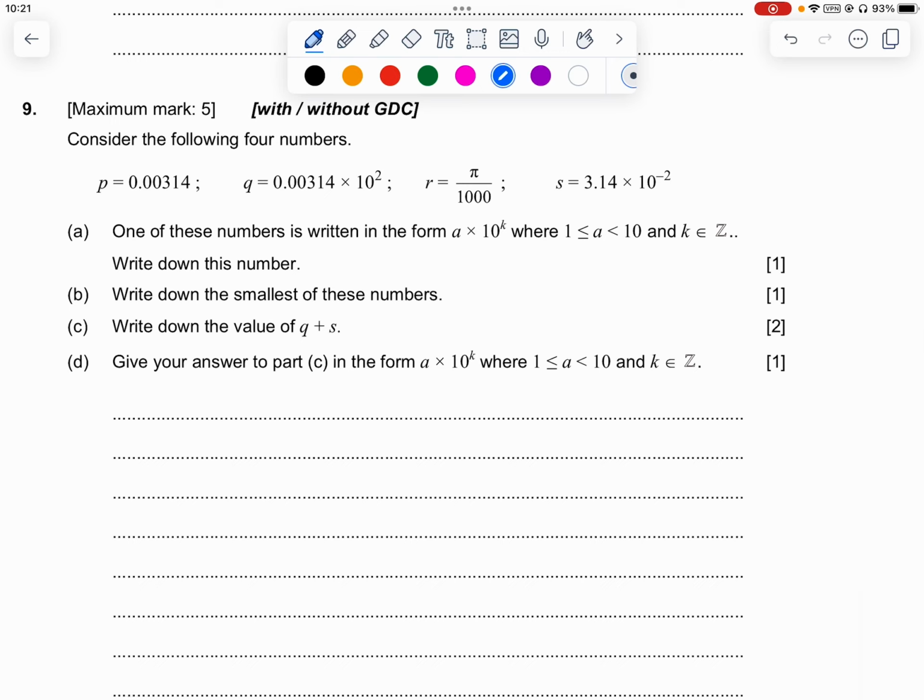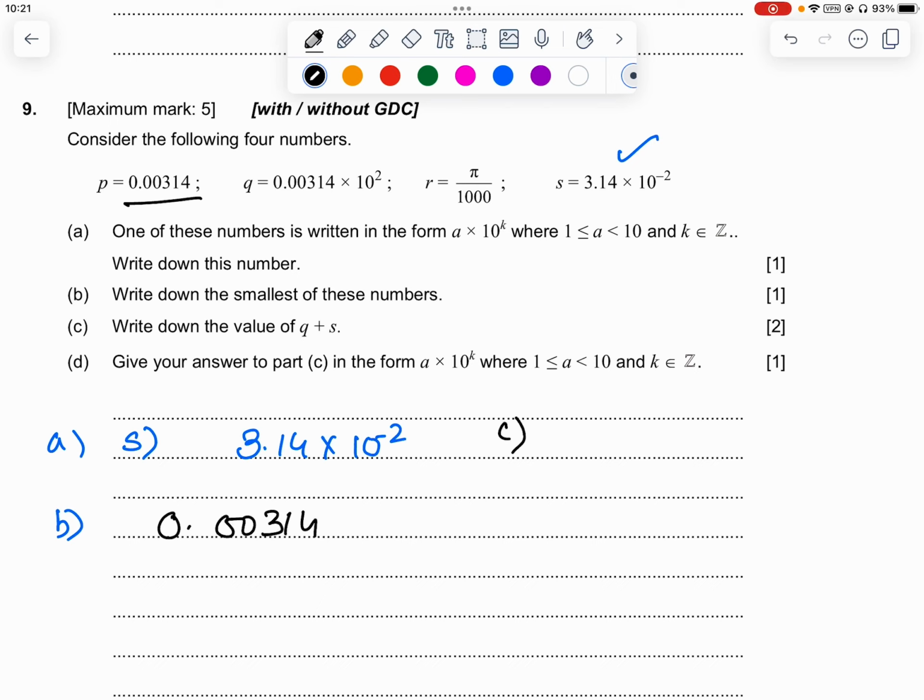Then question number 9. Consider the following numbers P, Q, R, S. One of these numbers is written in the form of A times 10 to the power of K. Write down this number. It is S, which is 3 times 3.14 times 10 to the power of negative 2. That is part A. Part B, write down the smallest of these numbers. The smallest is 0.00314.